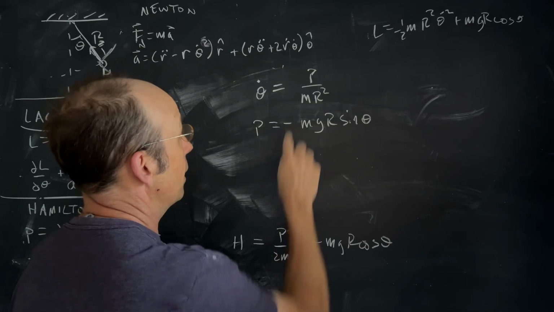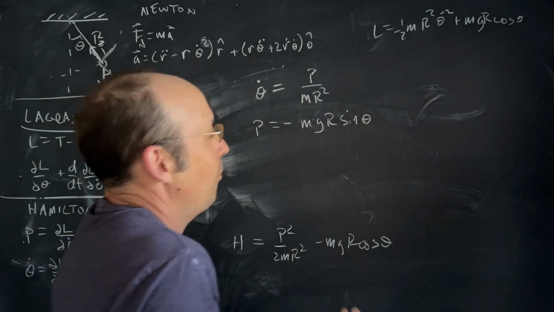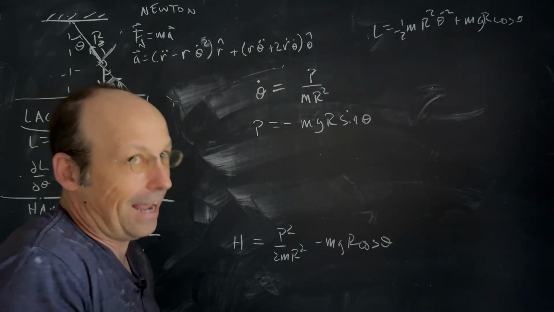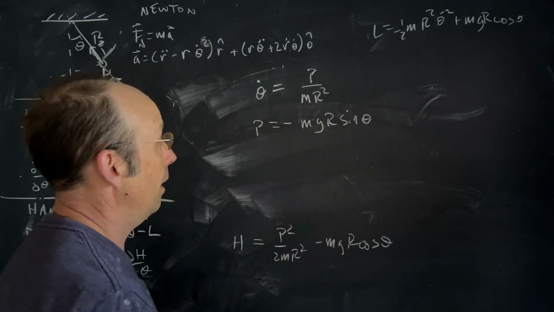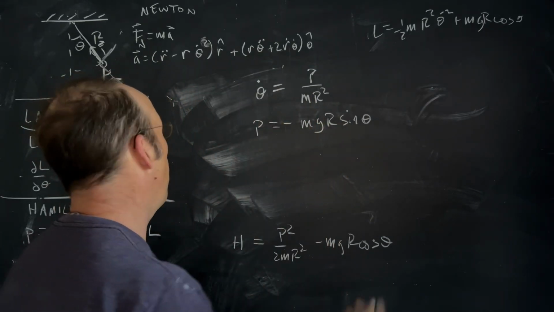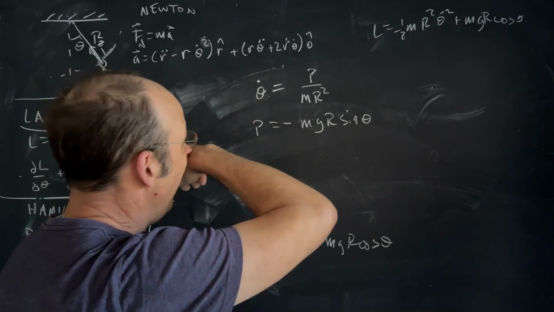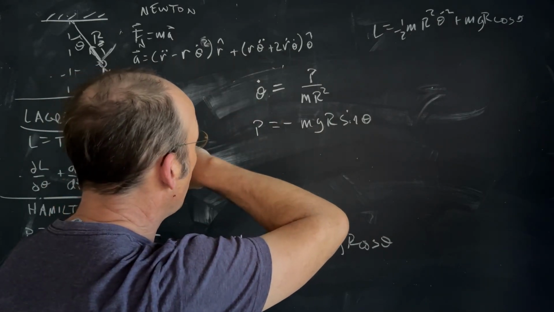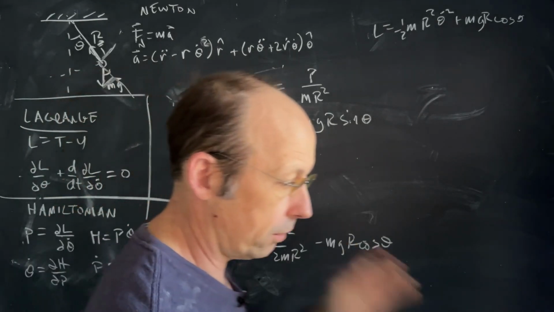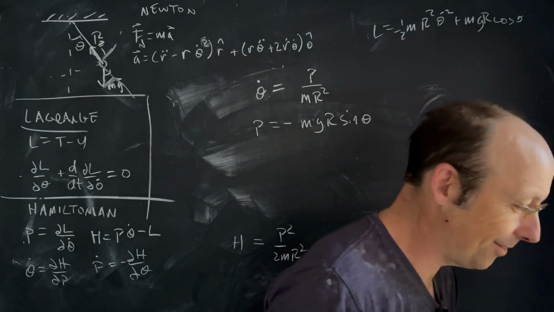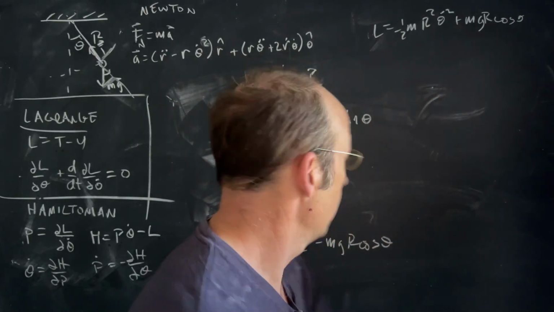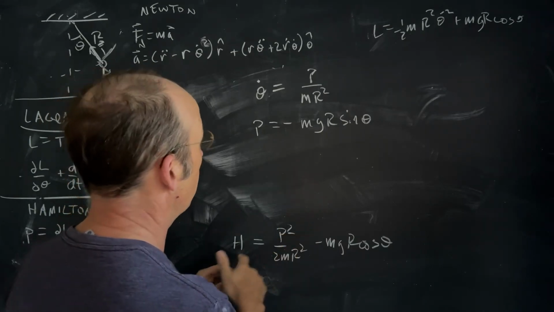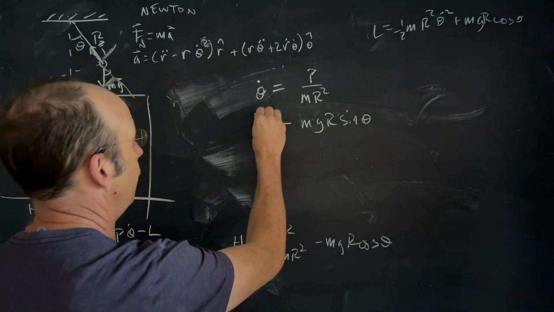Now, that's really the answer. We have two first order differential equations for theta and p. But let's just solve this. So p dot, okay, that's right. Oh, this is p dot.